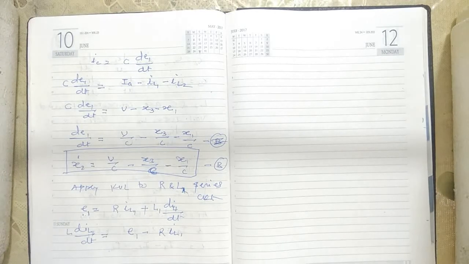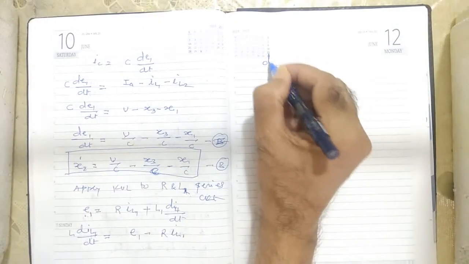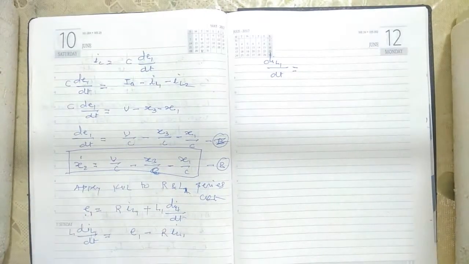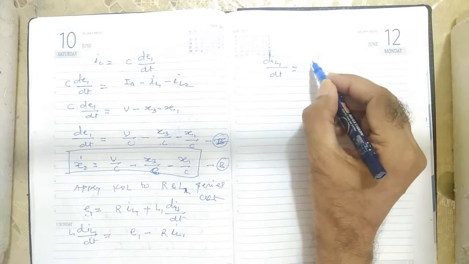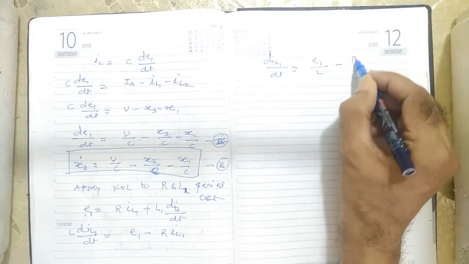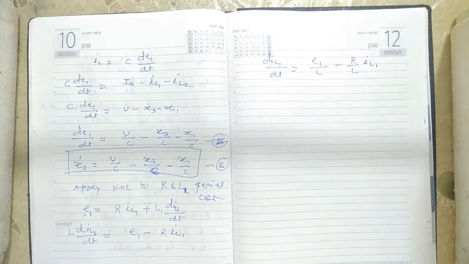We have rearranged this equation. Now we can write diL1 by dt equals, dividing by L, E1 divided by L minus R by L multiplied by IL1.